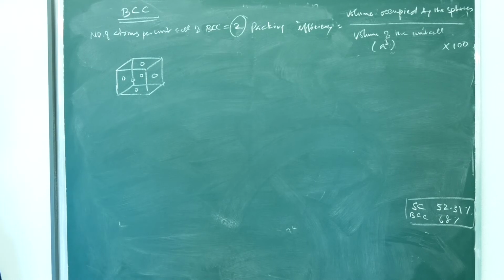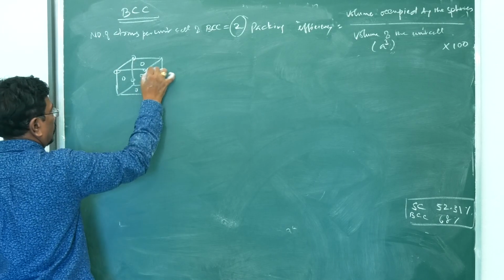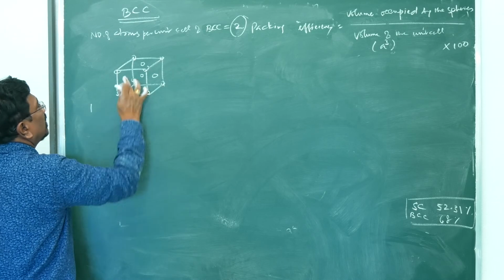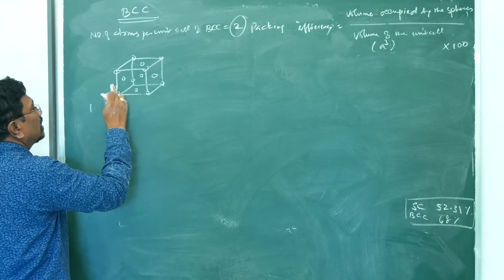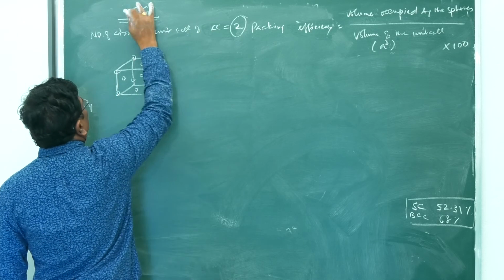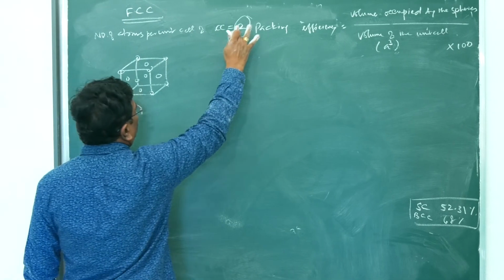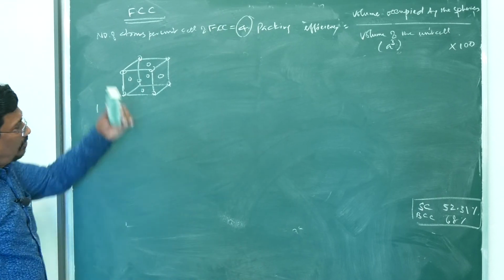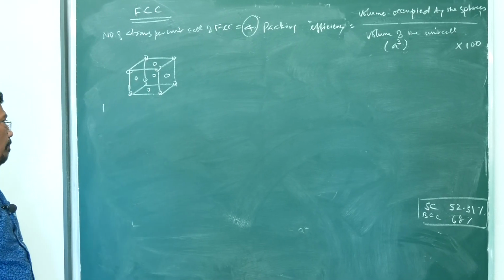At the 8 corners, there will be atoms. Contribution of each corner to the unit cell is 1 by 8, each face will be 1 by 2. 6 into 1 by 2, 3, therefore 4. For face-centered cubic unit cell, number of atoms per unit cell is equal to 4. Packing efficiency always has the same formula.